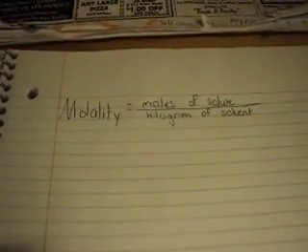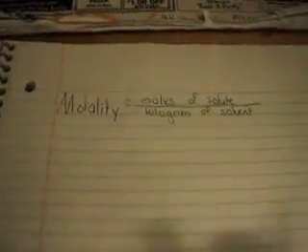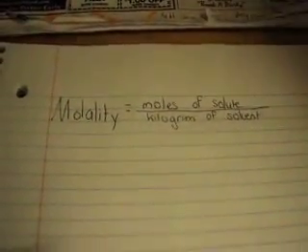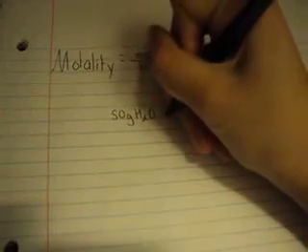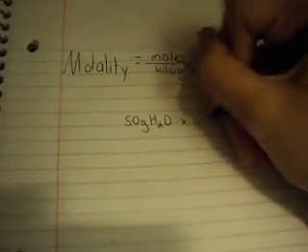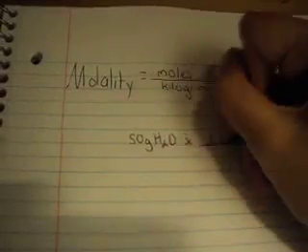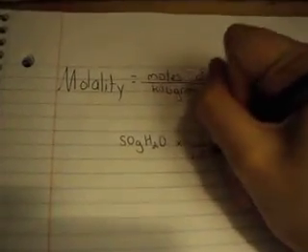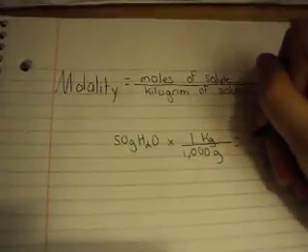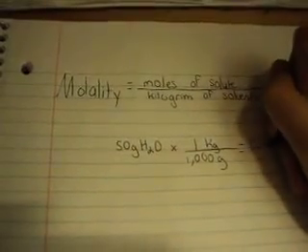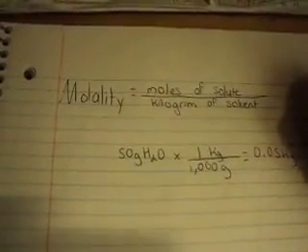Last step is molality, which is moles of solute over a kilogram of solvent. We already know the moles of our solute. Now we just have to figure out the kilogram of our solvent, which is the water. We have 50 grams of water, and for every 1 kilogram there is 1,000 grams. So this gives us 0.05 kilograms of water.